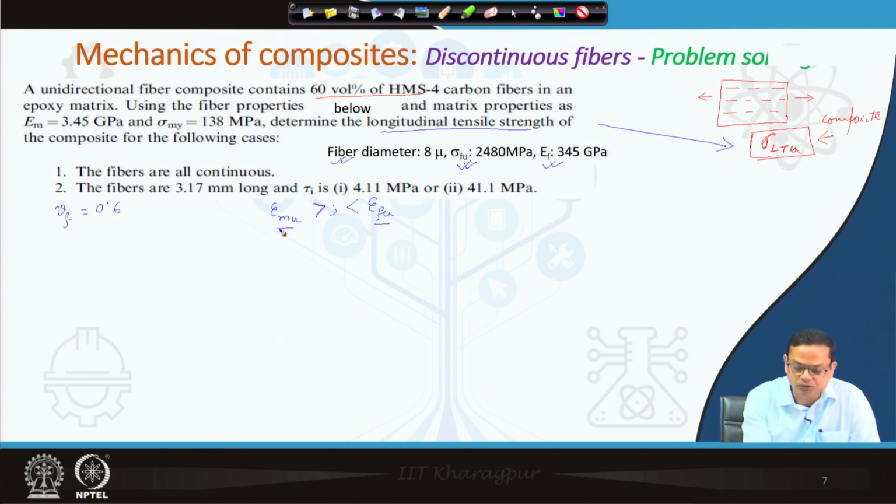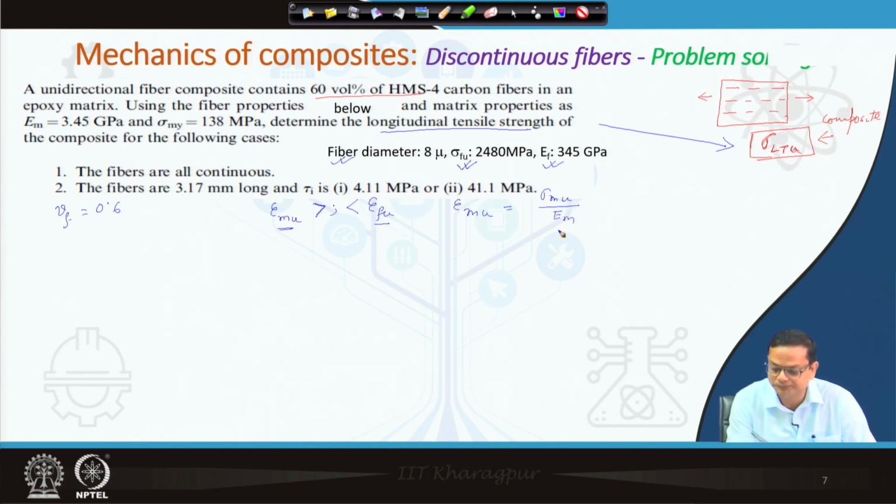So, what is the value of epsilon mu? If we try to calculate, epsilon mu is equal to sigma mu over E of the m, right. So, sigma mu has already been given here, you can see sigma mu or sigma my is basically the same thing.